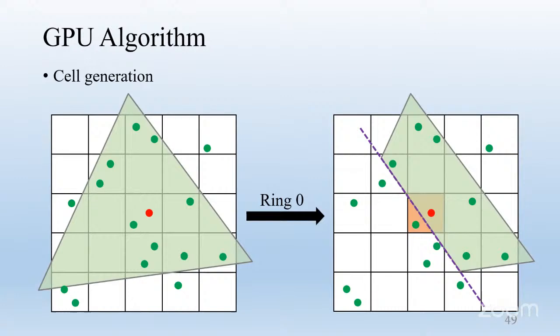Then we visit all the points except the red one in this grid and construct the bisectors of the red point and other points in this grid to clip the cell. The result is shown in the right figure. We call these clippings ring 0.